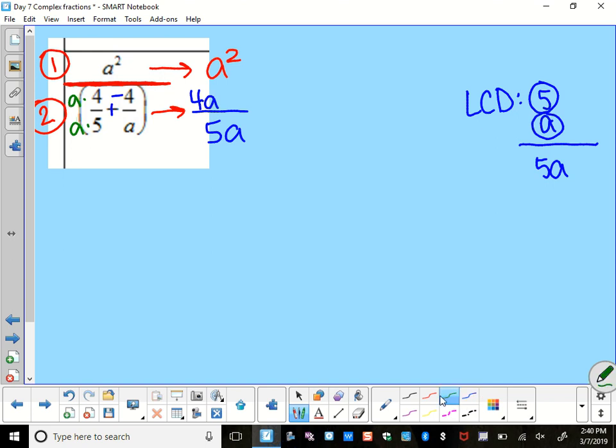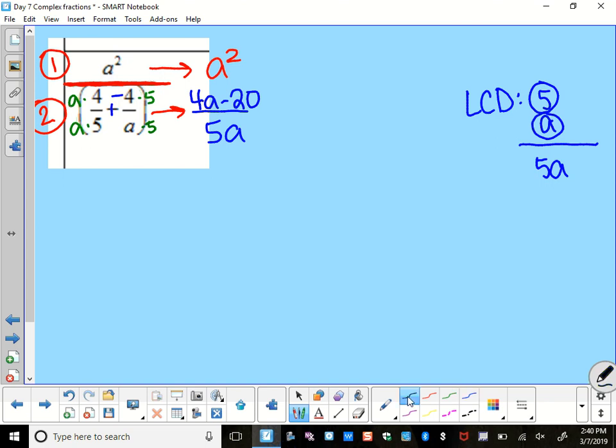And then if you look at your second fraction, 4 divided by a, I'm missing the 5. So we have negative 4 times 5, which gives us negative 20. If you forget to change your minus to a plus and then do the opposite sign, you may write positive 20 there, which is why I always change it.